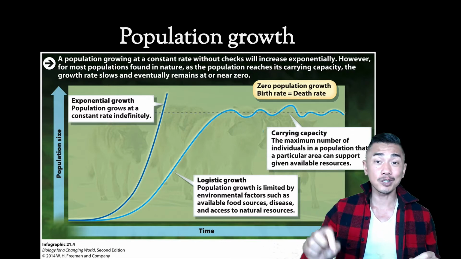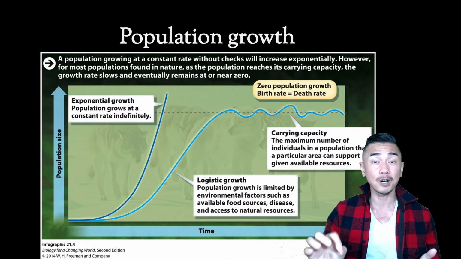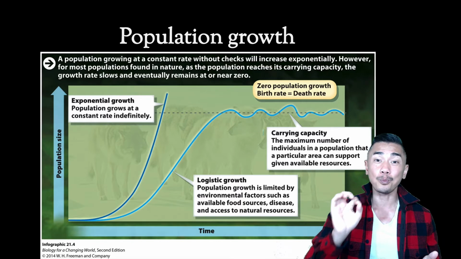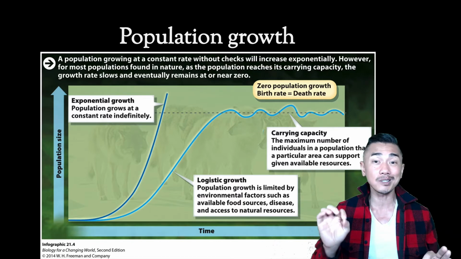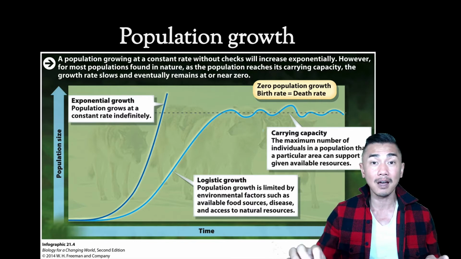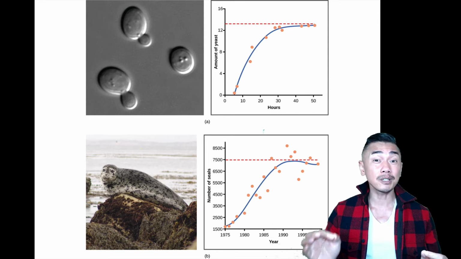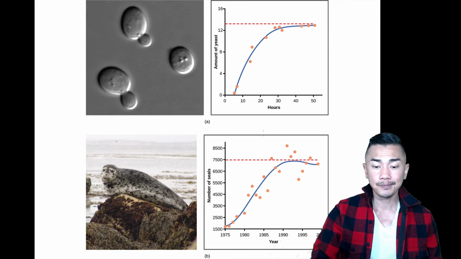Notice that in logistic growth there's a carrying capacity represented by a dashed gray line. Also notice that in logistic growth, you can surpass the carrying capacity, but this population size cannot be sustained for any long period of time. These are graphs of real data showing logistic growth in populations of yeast and seals.